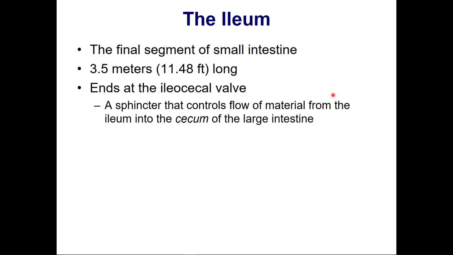But at the end of the small intestine, we have the ileocecal valve. It's similar to the rest of the GI tract, where prior to the stomach we have the lower esophageal sphincter, and at the end of the stomach we have the pyloric sphincter. At the end of the small intestine, we have the ileocecal valve, which physically isolates small intestinal contents from large intestine contents.